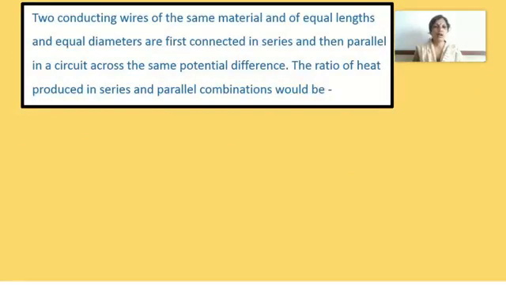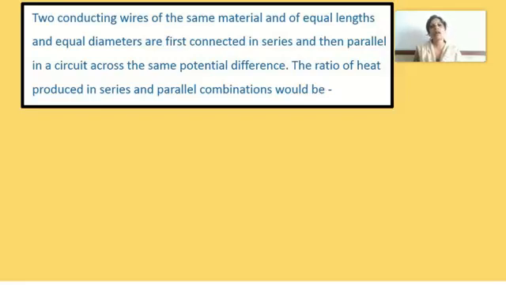Two conducting wires of the same material and of equal lengths and equal diameters are first connected in series and then in parallel in the circuit across the same potential difference. The ratio of heat produced in series and parallel combination would be, look at this, there are two wires.